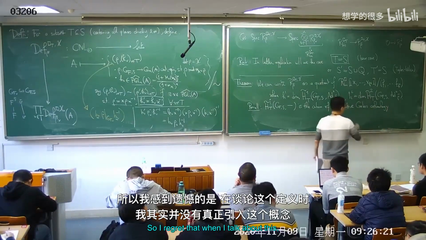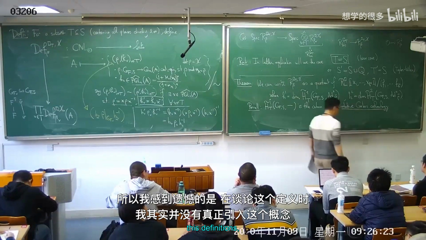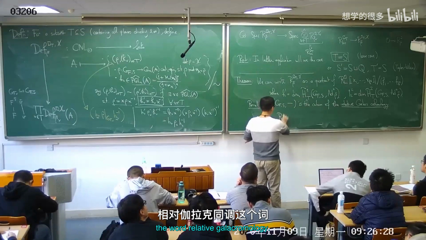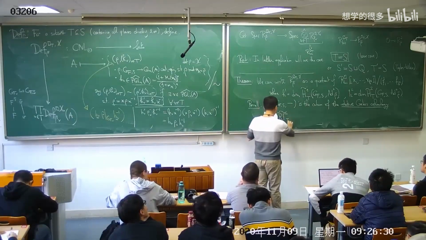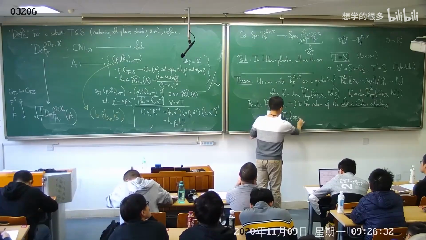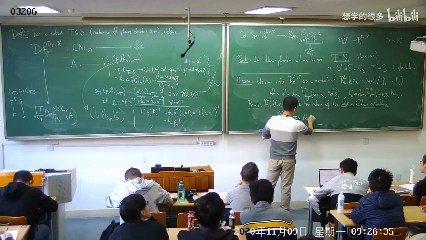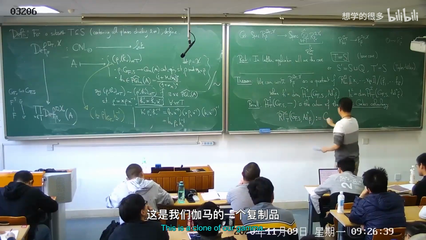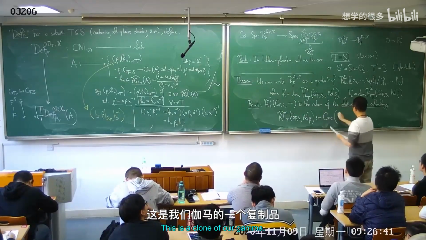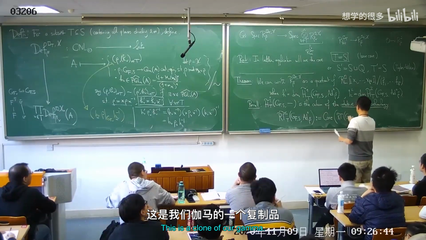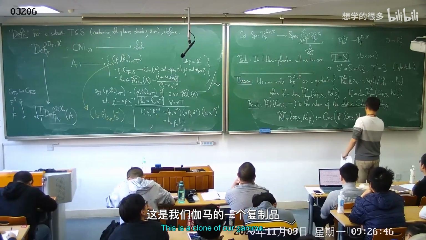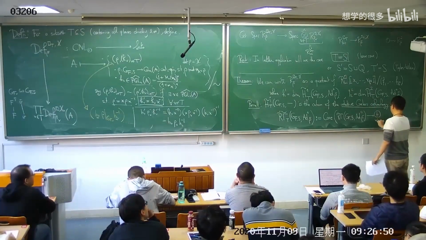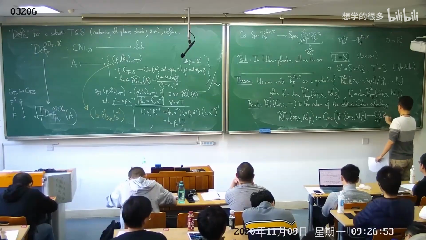I regret that when I talked about these definitions, I didn't introduce the word relative Galois cohomology. This is the cone of gamma of local.